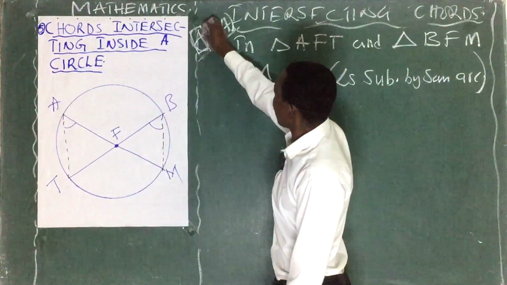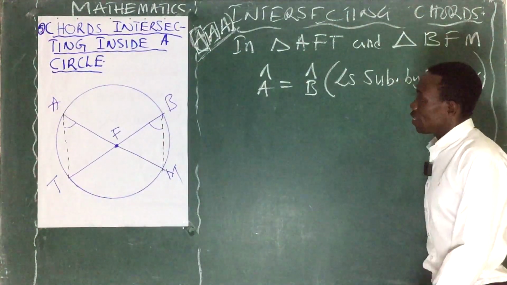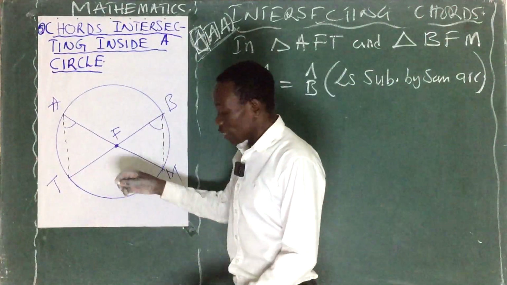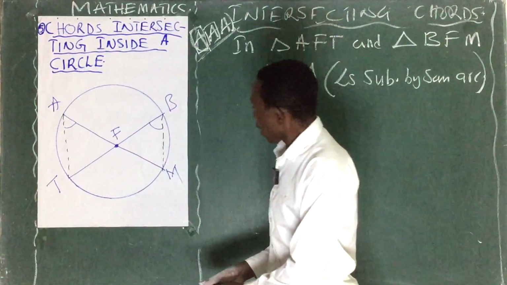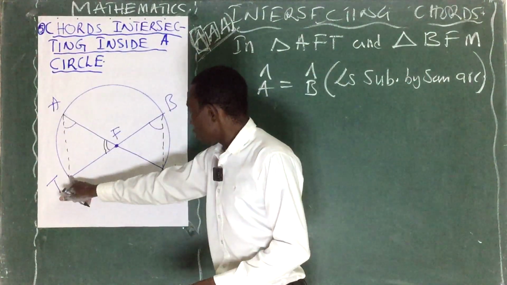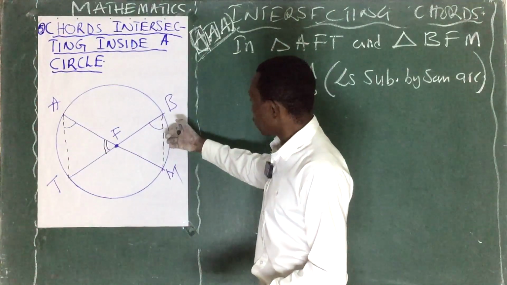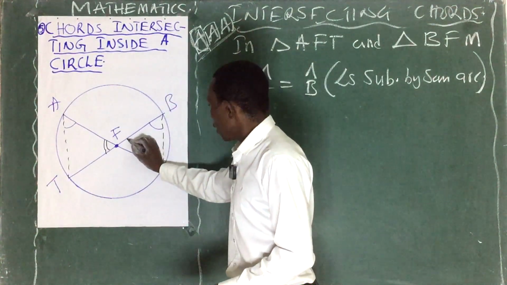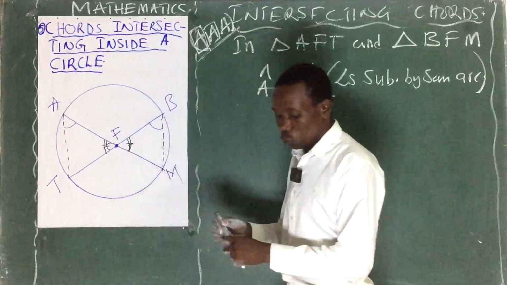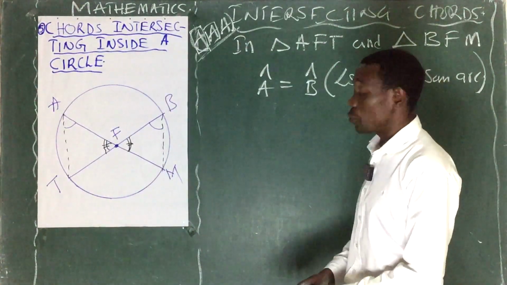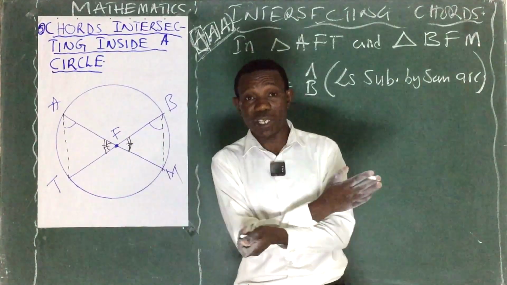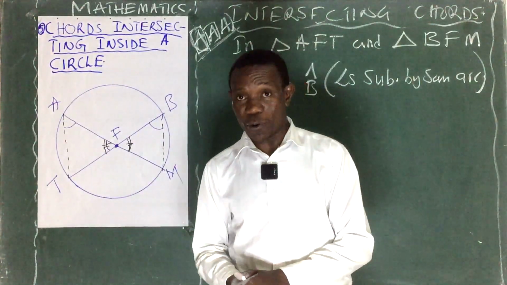Let's go for the second letter. We need to derive the other pair. Here you can see this angle at F, which is angle AFT, and in the other triangle I have angle BFM. These two angles are equal. You can refer to the properties we discussed in Form 2: when straight lines cross each other, we get pairs of opposite angles.